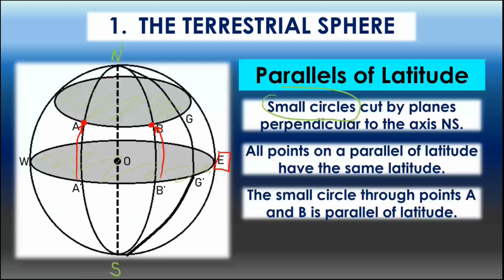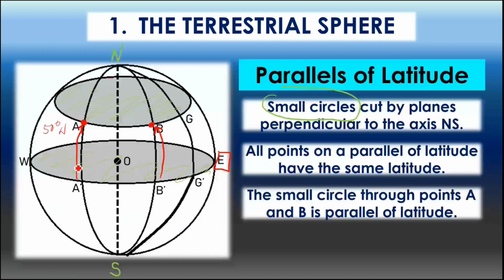Also, A and B are both on the north. Say, for example, point A has a latitude of 50 degrees north.